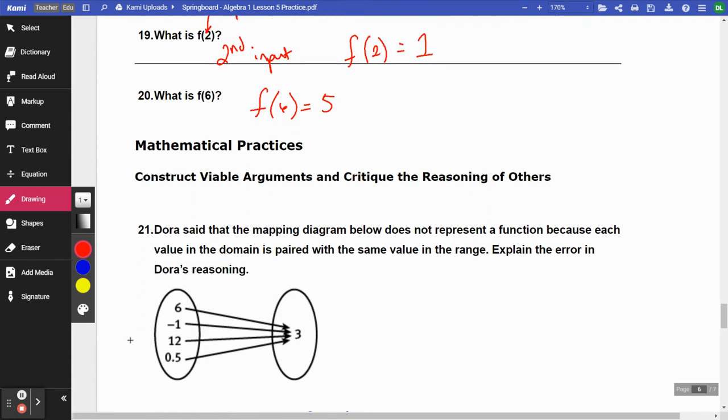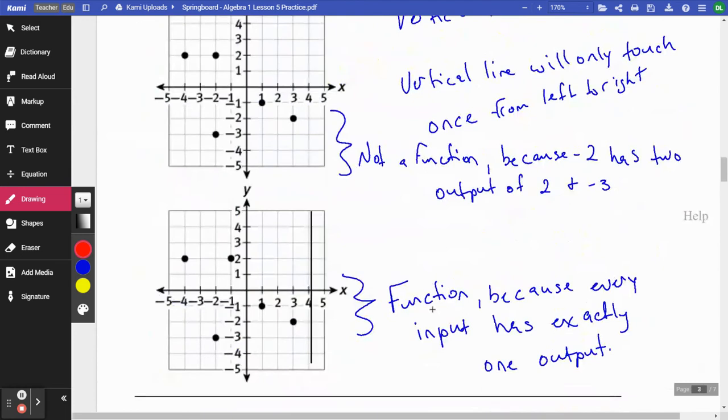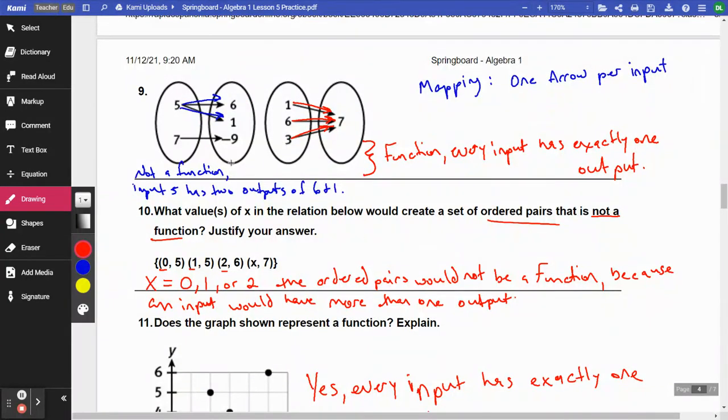Dora said the mapping diagram below does not represent a function because each value of the domain is paired with the same value of the range. Explain the error in Dora's reasoning. We talked about this, right? In mapping, when is it a function? That was problem number 9, right?